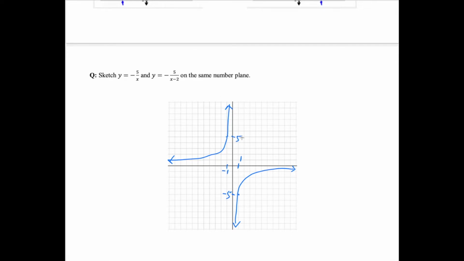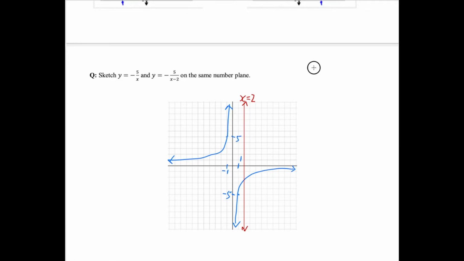So I'll get my ruler here. So this is x equals 2. And let's find, because we know that the graph has shifted to the right, now there's going to be a y-intercept, because now x can be 0.